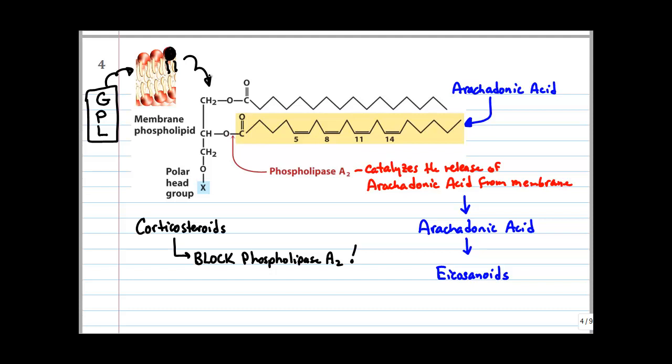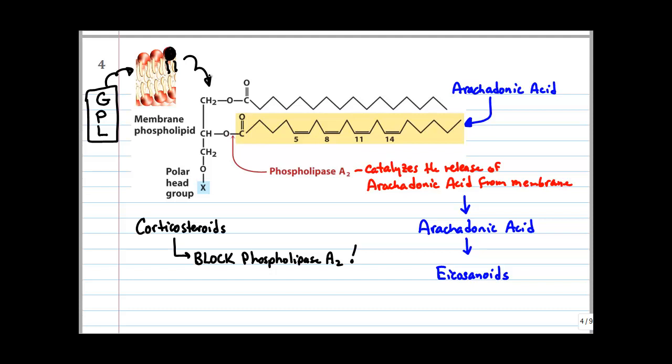Contrast that to a TAG molecule. It's slightly different. One of the fatty acids that can be in a membrane lipid is called arachidonic acid, and it is in this mustard colored box, this yellow box here.